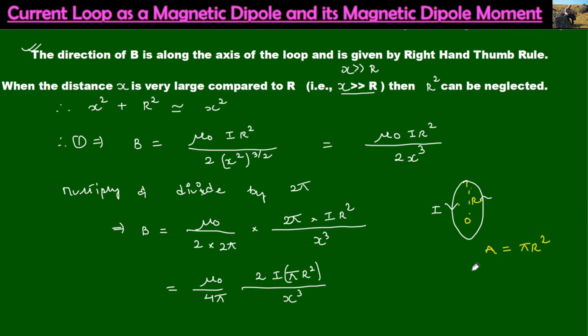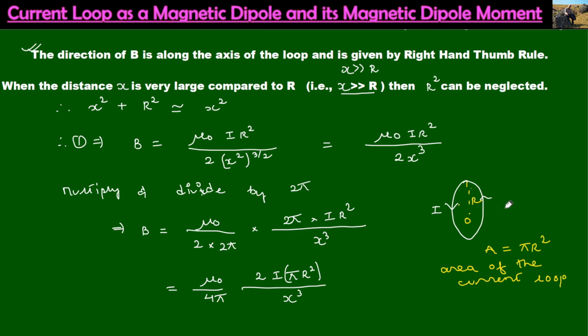So pi r square is the area of the loop, or of the current loop. I will write here: area of the current loop.